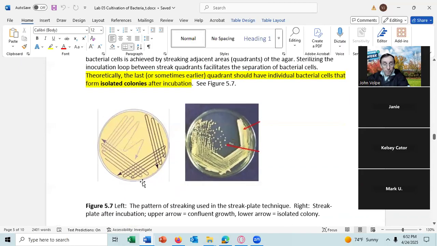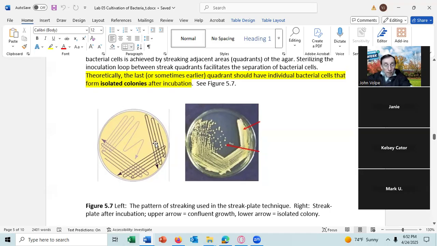You take your original sample, streak it out on quadrant 1, and you should streak it out actually 20 to 30 times. You can overlap the place when you're streaking 20 to 30 times, which as you can see, they're overlapping here. It's not quite isolated like that.